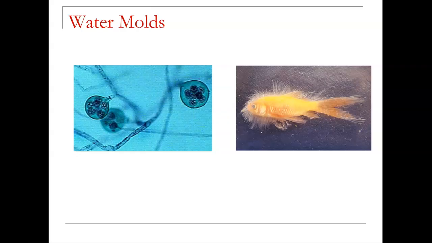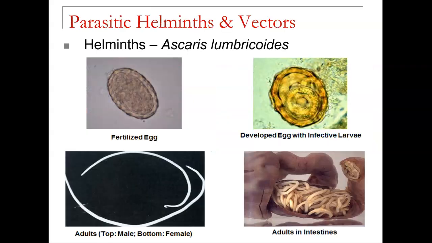They decompose dead animals and return nutrients back to the environment, and they could actually be a crop pathogen as well. And so with the crop pathogens, things like Phytophthora infestans caused the potato famine in Ireland during the mid-19th century. What you see on that fish there is a water mold that will start to grow on the fish if they have a damaged coat on their body.